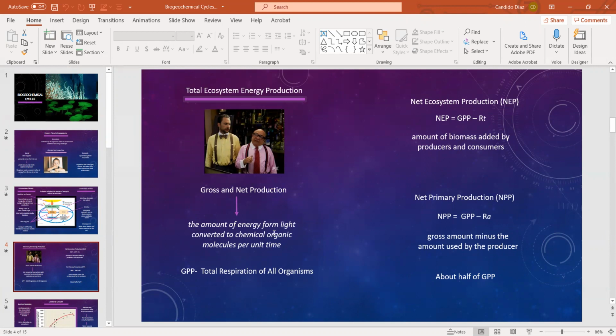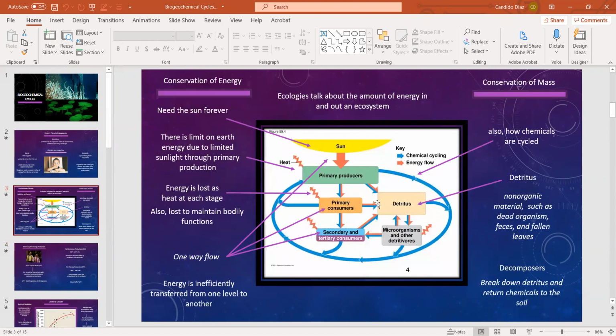So what I want you to know about this idea in general is this: when we are talking about an environment, when we're talking about the number of organisms that can be sustained, especially at higher trophic levels, it all depends on how much energy is entering the system, right?